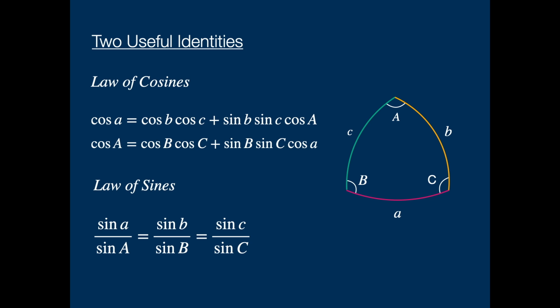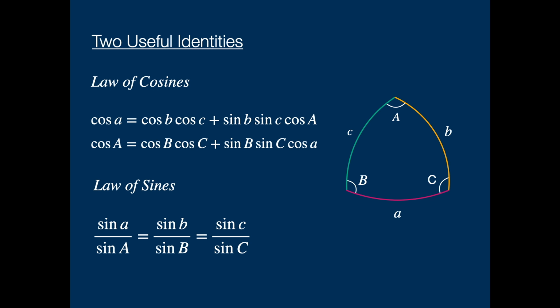You could also invert this and get the cosine of the vertex in terms of the other angles and the cosine of the arc. And then you have the law of sines, which basically says the ratio of the sine of the arc to the sine of the opposite angle is the same for all the three vertices and the three arcs.